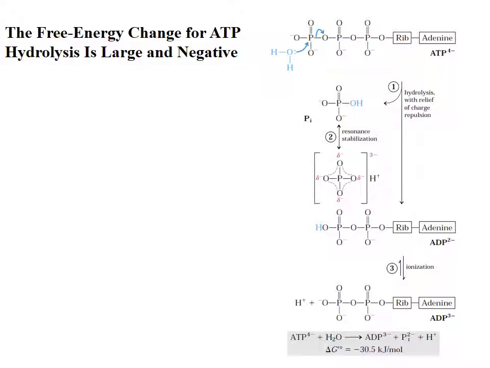Now let's look at the hydrolysis of ATP. The first step of hydrolysis of ATP is the cleavage of the terminal phosphoric acid anhydride bond, which is this one right here. So let's write this down. We have oxygen, phosphate, oxygen, double bond oxygen, oxygen, we have, of course, negative.